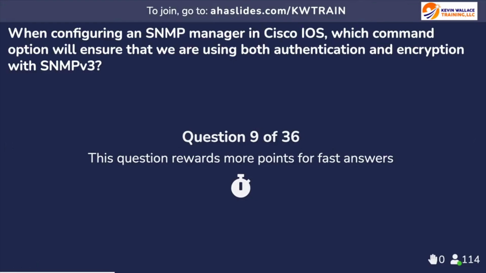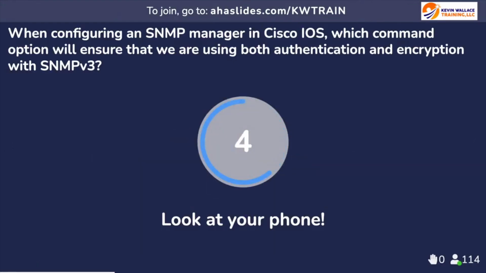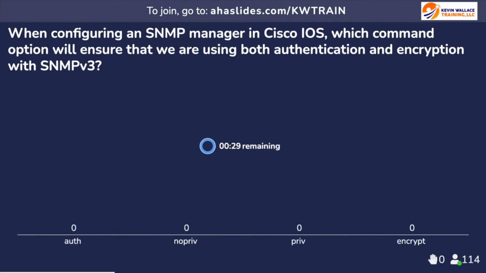SNMP version 3. When we configure an SNMP manager in Cisco IOS, which command option will ensure we're using both authentication and encryption? Is it auth, no priv, or encrypt?